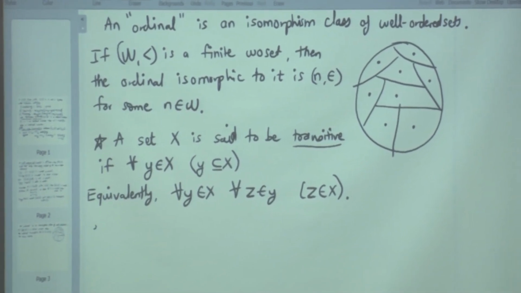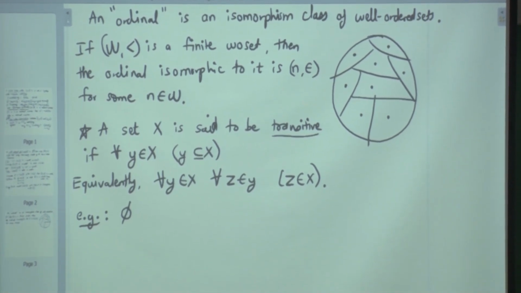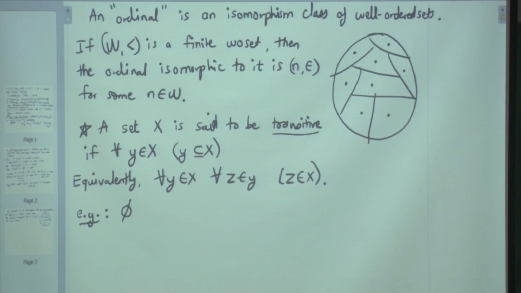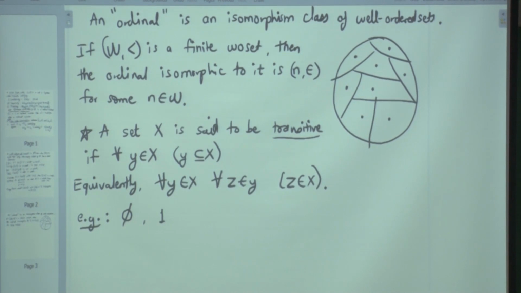So some examples. Empty set, obviously. All the nice properties are true of empty sets. Then 1 is transitive, correct? 2 is transitive, it contains 0 and 1, but it also contains the element of 1, since 0 doesn't have any element but 1 has an element.